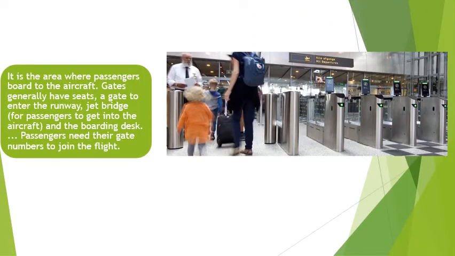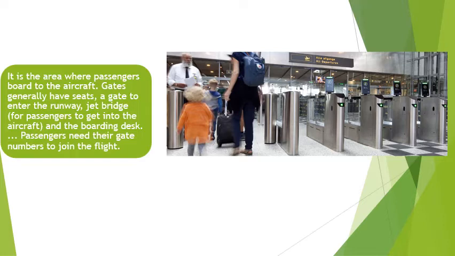The gate is what we call the entry and exit gate, you can say. Gates are all about the permission required to enter. A terminal gate may have seats for your convenience, and it gives a bridge or a desk for passengers who need their gate number to join the flight.